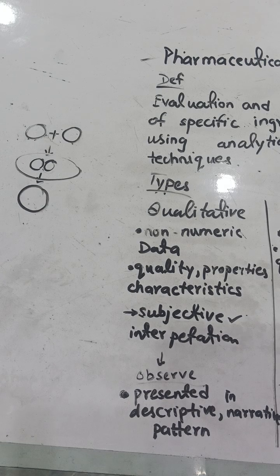So we can check the toxicity level, its efficacy, and its safety. These things can be checked with the help of pharmaceutical analysis. So this is the scope of pharmaceutical analysis, what can be done through it, and its importance.